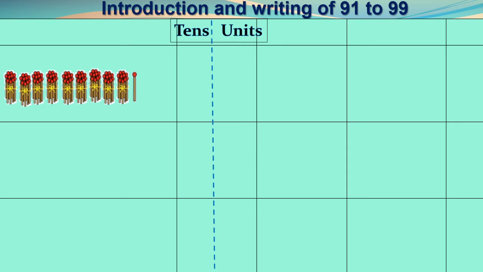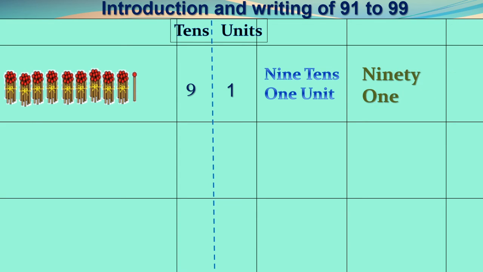How many tens are there? 9 bundles means 9 tens. Very nice. And one single, correct? So that is 1 unit. In words, 9 tens and 1 unit. The number formed is 91.